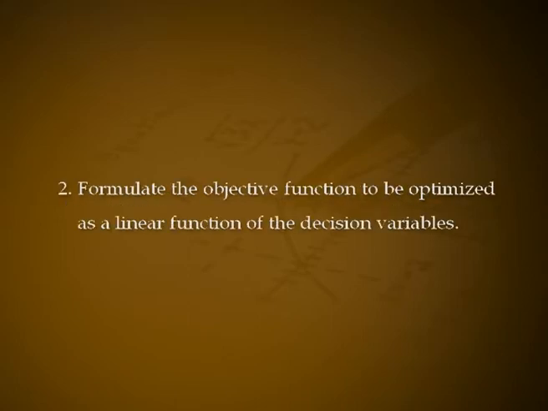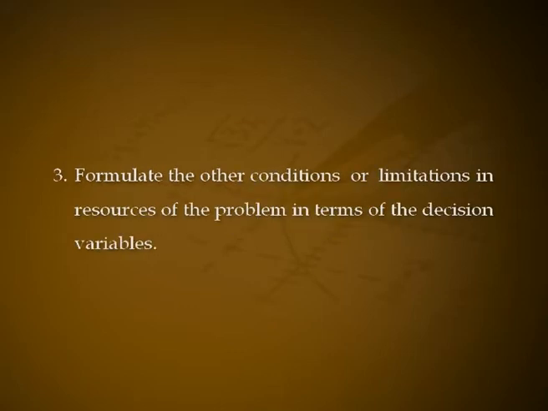Mathematical formulation of the linear programming problem involves the following steps. 1. Write down the decision variables of the problem. 2. Formulate the objective function to be optimized as a linear function of the decision variables. 3.